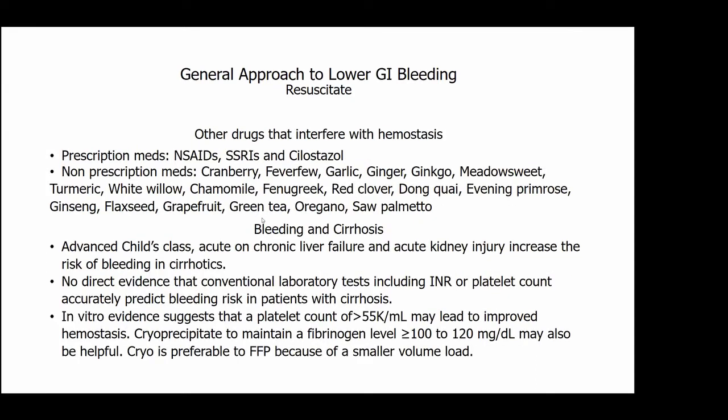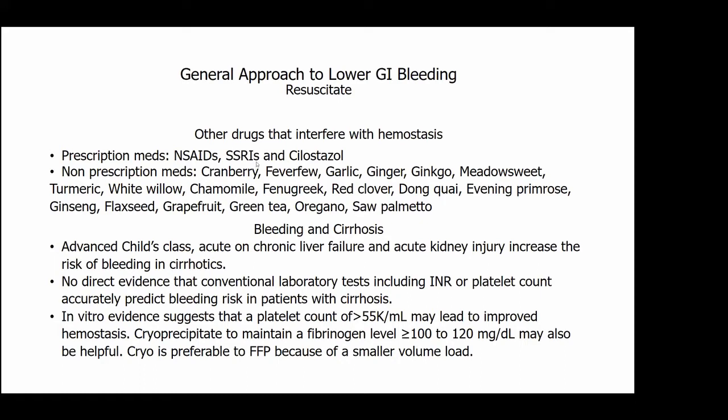And of course, there are other drugs that interfere with hemostasis. Of the prescription ones, the most common would be the nonsteroidal anti-inflammatory drugs, the SSRIs, and salicylates. It's important not to forget that the SSRIs can do this, and if a patient is continuing to bleed and they're on an SSRI, that SSRI should be stopped.